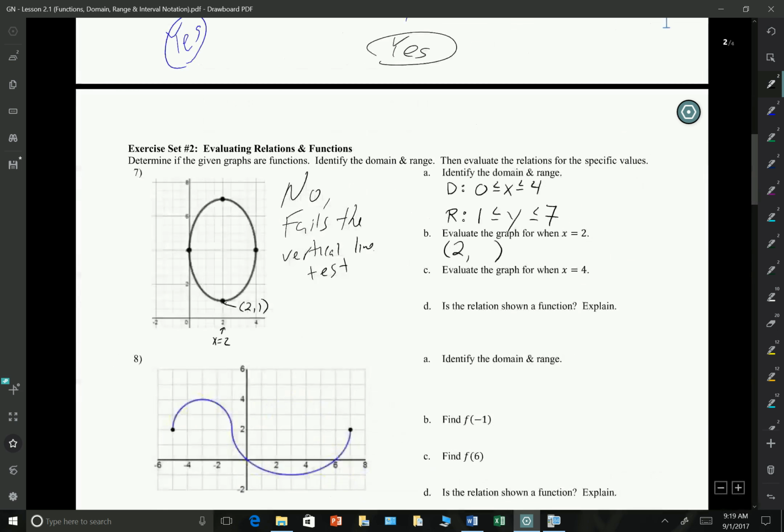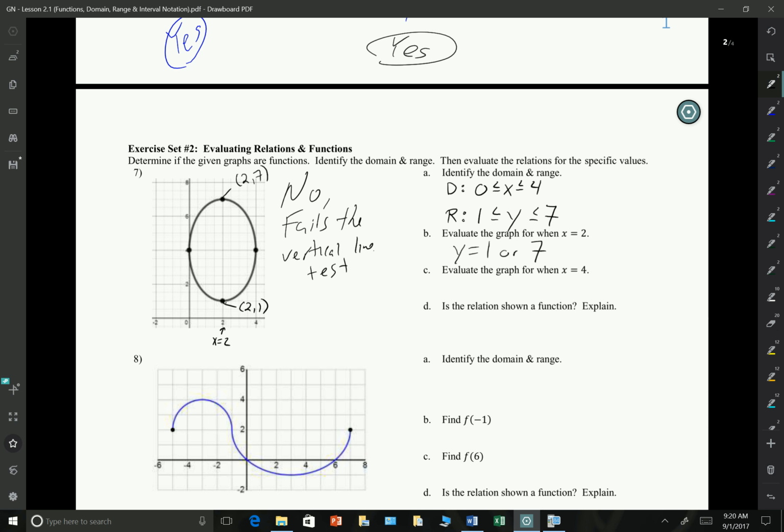Is that the only answer? If I want to evaluate when x equals 2, I get y equals 1, don't I? Do I get another number? There's also a point at 2, 7. How many y's attached to that x? 2. That means not a function, right? I plug in 2, I get 2 different numbers.